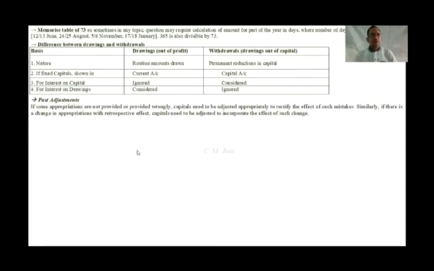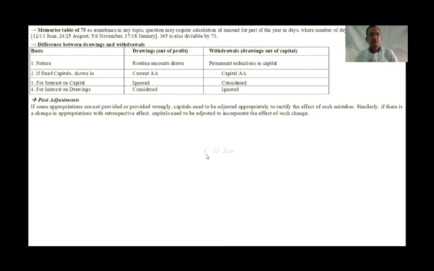Next topic, past adjustments. Sometimes some appropriations are not provided by mistake, or they are provided in a wrong manner by mistake. So if some appropriations are not provided or provided wrongly, capitals need to be adjusted to rectify the effect of such mistakes.